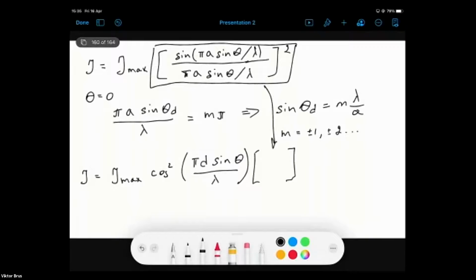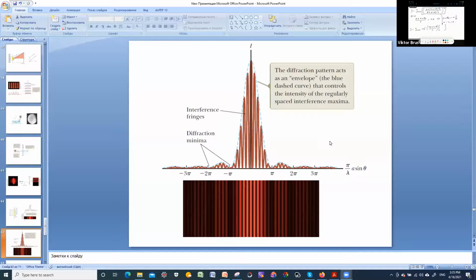So let us take a look at such a pattern so we have a better understanding of what it is. Now what do we see here? This is the projection of light originated from two small slits at some distance d, and the slit width is a.